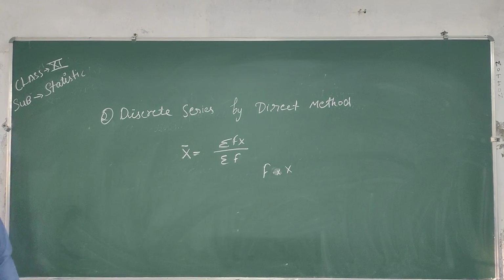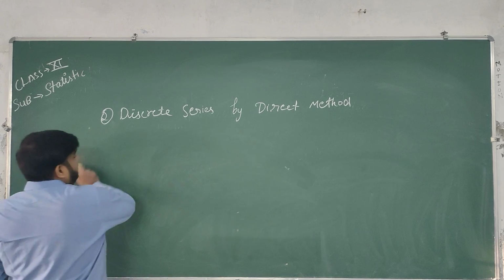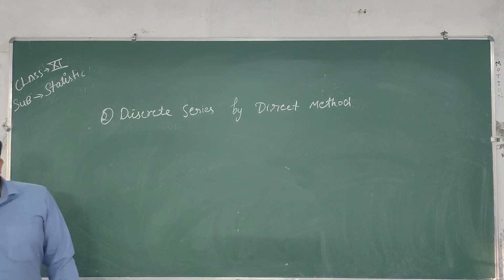Write down the steps of the direct method to calculate mean under the discrete series.